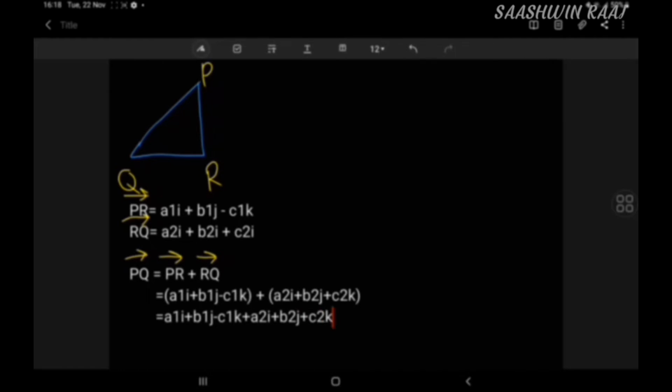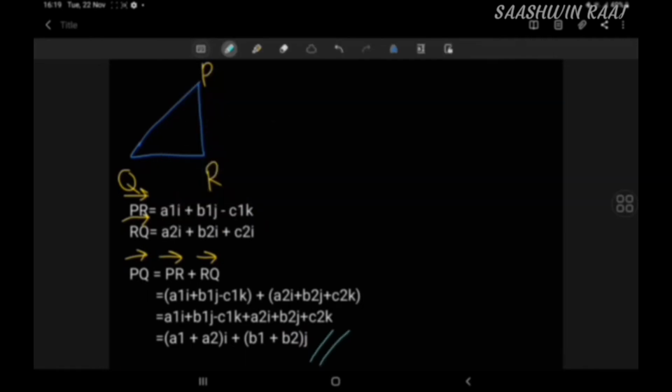So finally, the answer for this formula would be in a bracket form, which equals open bracket A1 plus A2 close bracket times i, plus open bracket B1 plus B2 close bracket times j.